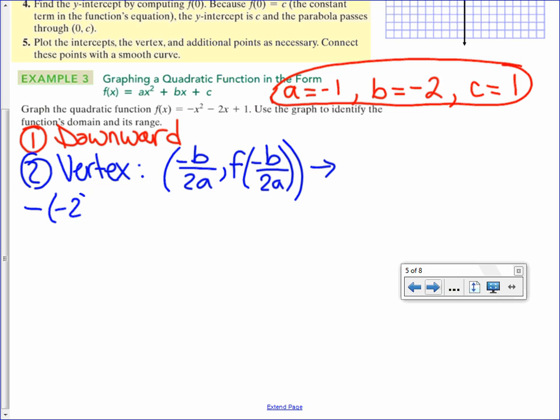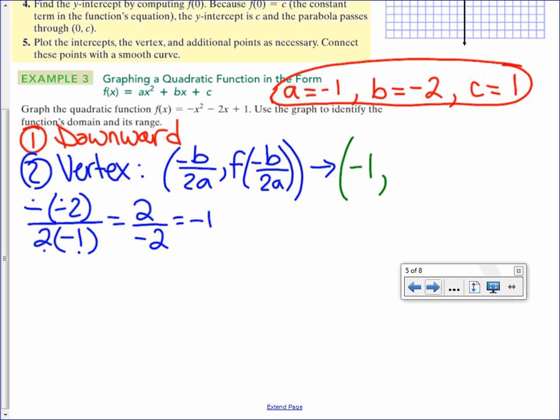Negative 2. Everything divided by 2 times a. What is a? Negative 1. Here we have negative times a negative, that's positive, so positive 2. And then 2 times negative 1 is negative 2. So what is 2 divided by negative 2? Negative 1. Okay, so far we have found that the x-coordinate is negative 1.